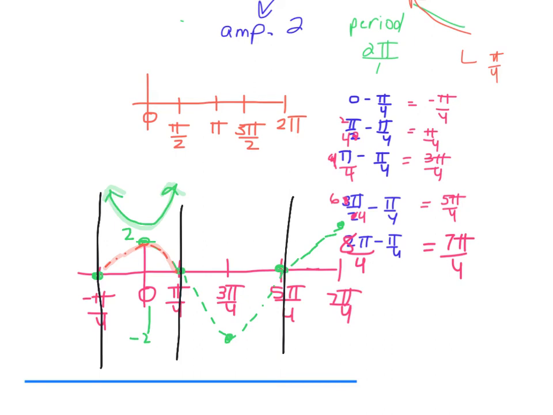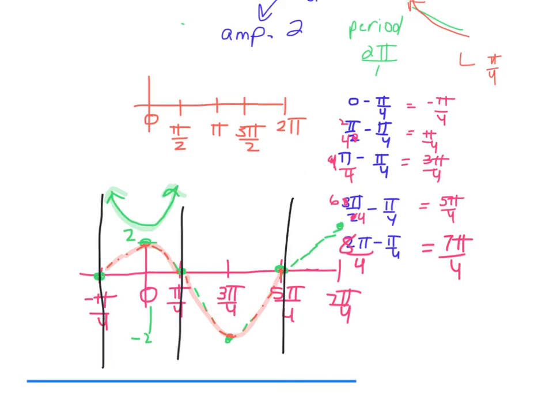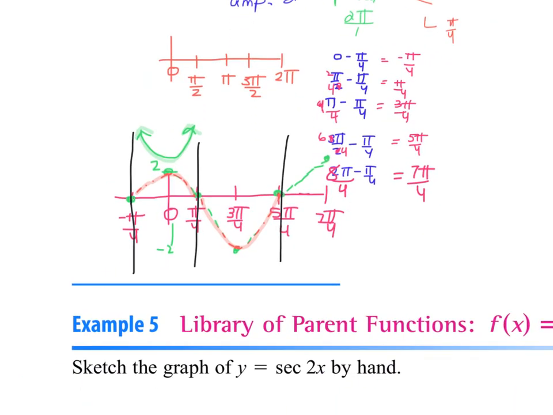You do not have to erase the sine curve. But if you do this on your test, you have to make sure that your sine curve is dotted so I can tell that you understand the difference. So like in this second section, do you see how it's like a U? So what would the cosecant graph look like? The opposite.